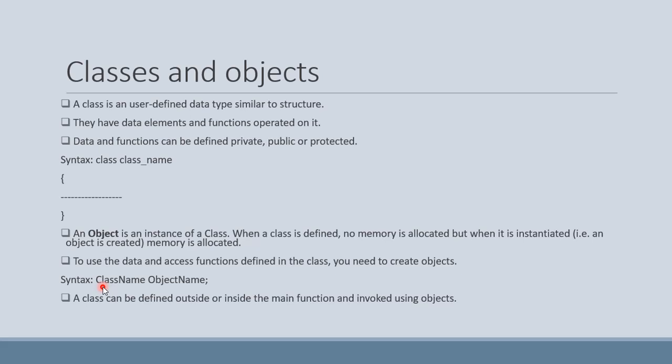So data and functions in a class can be private, public, or protected. In the case of a structure, whatever data was given inside was public. But in the case of classes, I can define whatever variables, that is data or functions, as private, public, or protected.